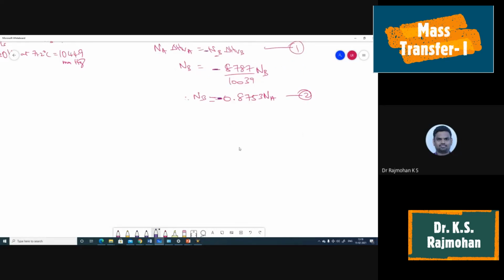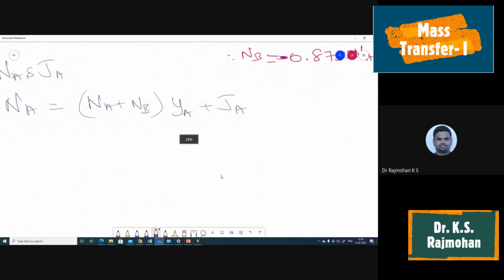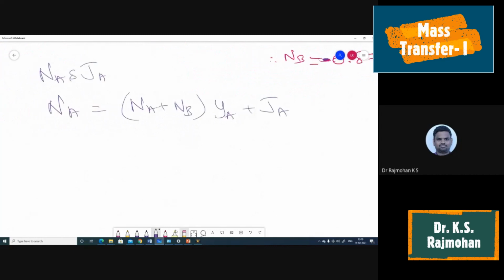So now how to start the derivation for counter diffusion? I told you we should always start with the relationship between N flux and J flux. What is that? Na is equal to Na plus Nb into Xa or Ya, plus Ja. Here we are doing it for the gas phase, so I will write Ya instead of Xa. So here we have to substitute the relationship now.